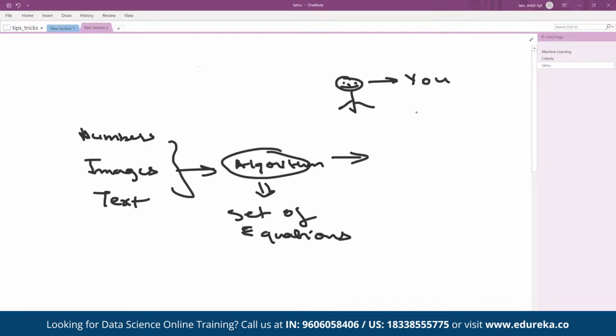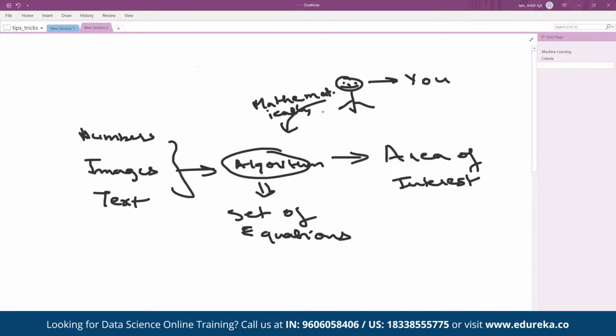So you will tell the algorithm mathematically that from these numbers, images, text, my area of interest is this. You will tell the algorithm the same thing. Once you tell this, the algorithm will automatically understand what is the relevant part I need to learn from these different forms of data, number, images, or text.